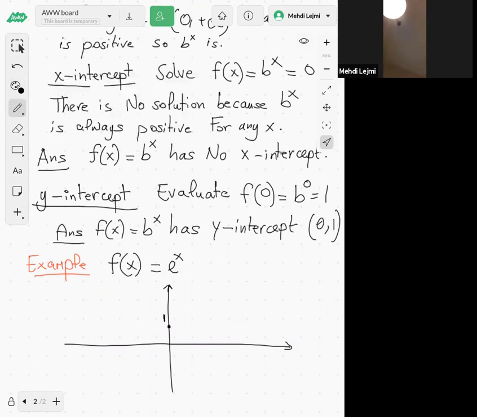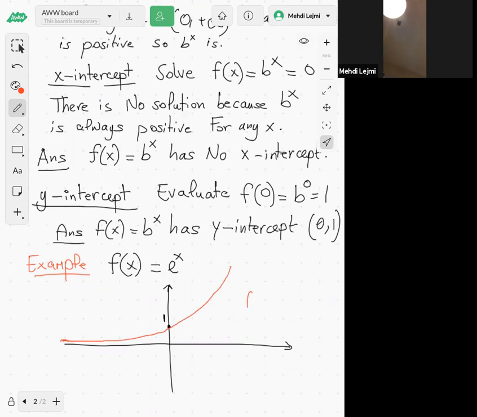You're going to see in Calc 1 that the exponential function is actually an increasing function because of its derivative. But anyway, the graph of the exponential function is going to look something like this.